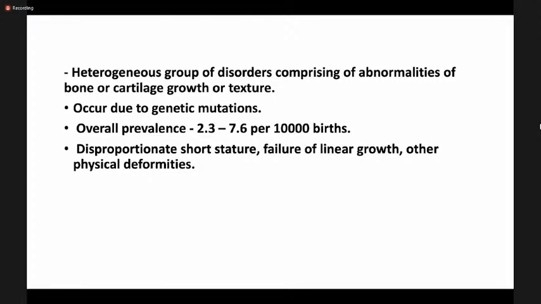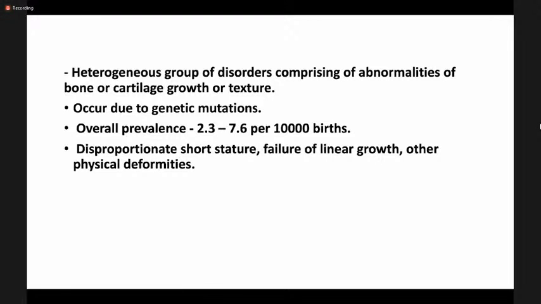Now, these are a heterogeneous group of disorders comprising abnormalities of bone or cartilage growth. Most of them occur due to genetic mutations. And overall, the prevalence is between 2.3 and 7.6 per 10,000 births.